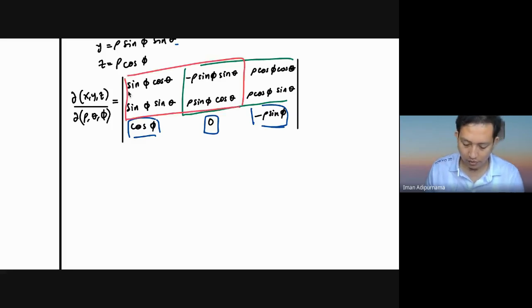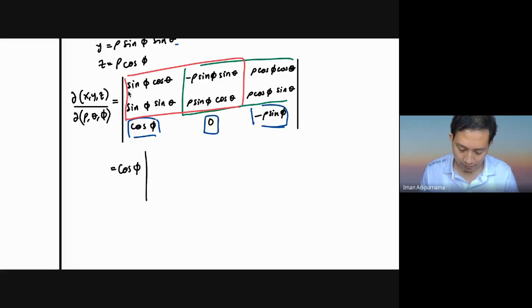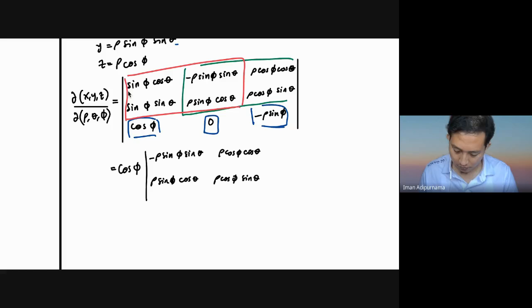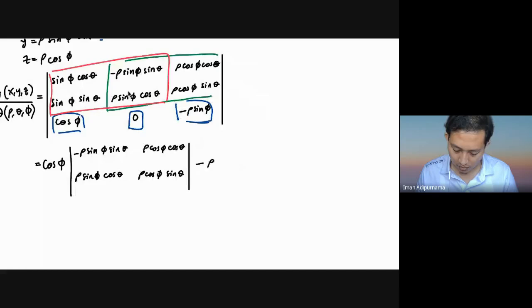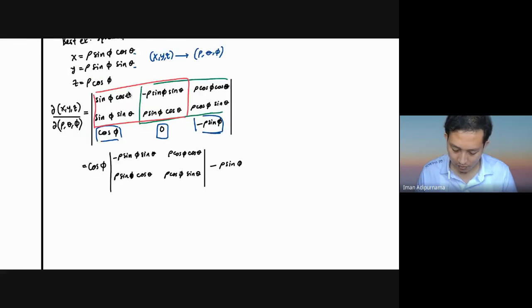So let's start by writing the cos psi, and then the determinant is negative rho, okay, and then the other one is negative rho sine psi.